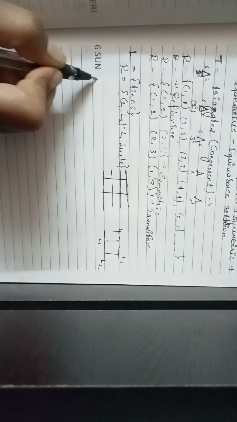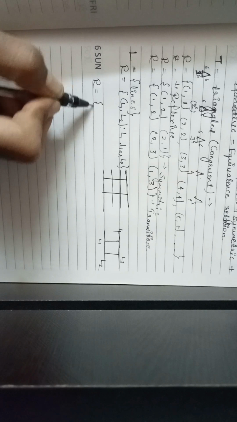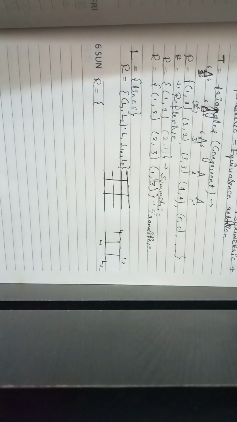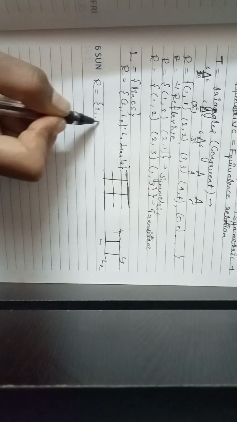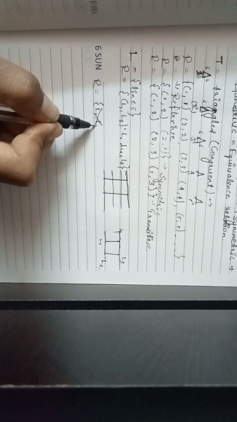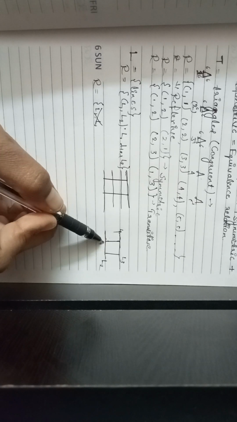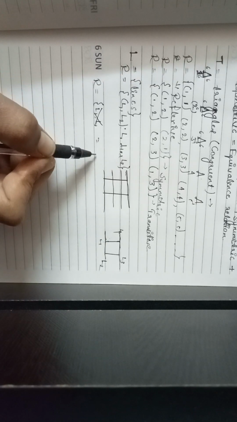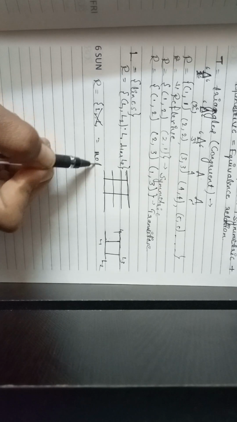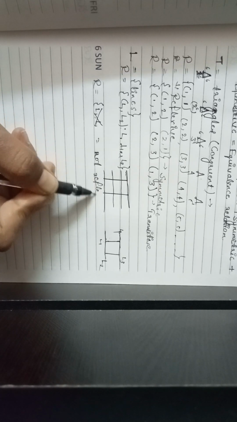So now how can I define the relation? R is equal to L1 perpendicular to L2. Can I write L1 comma L1? No. Why? Because L1 itself cannot be perpendicular to L1. So this is not reflexive.